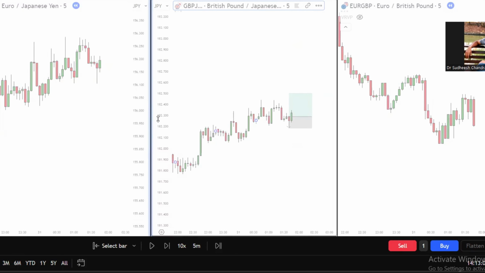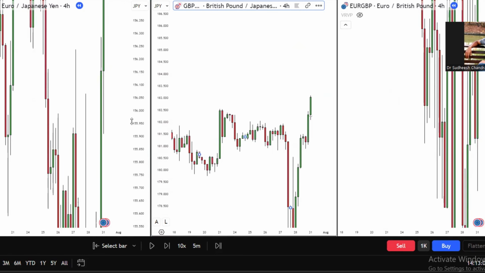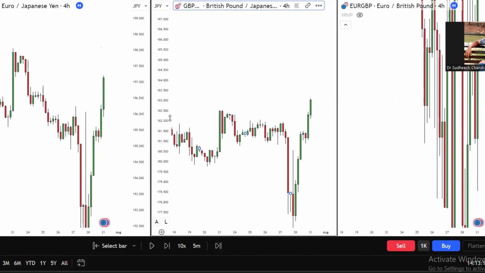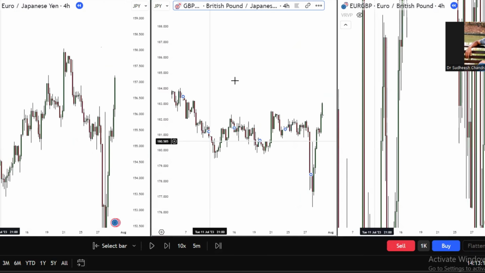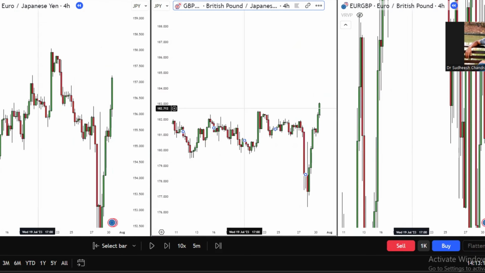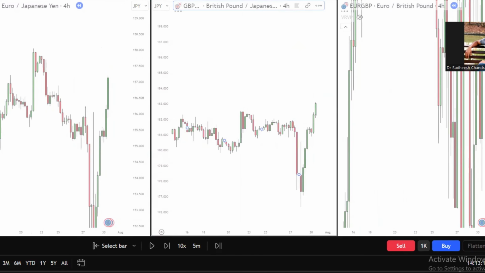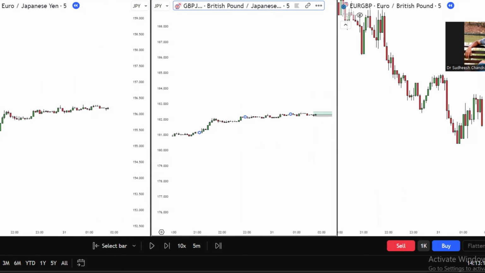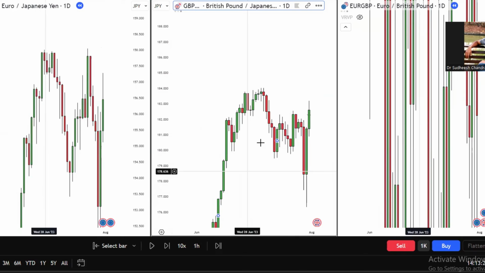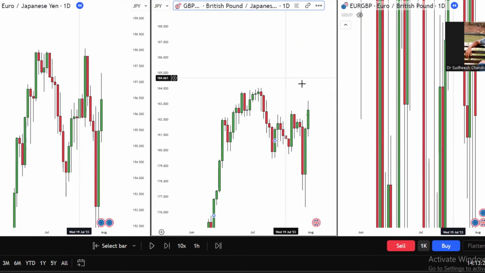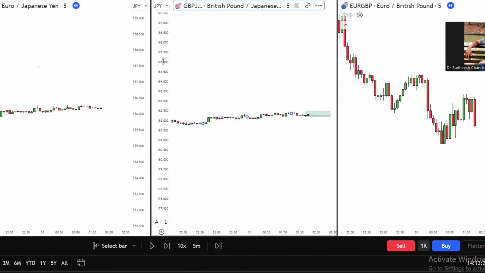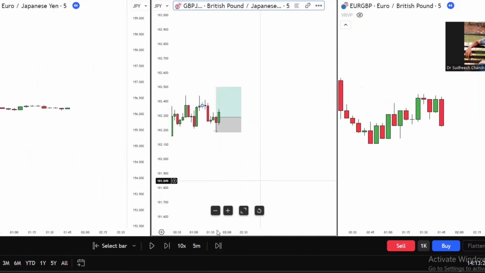Oh, so our target is already being met, right? I don't know if there are more targets. Okay, there are more targets, right? So we can still trade this. Let me go to the daily time frame and look at what is happening. I still expect price to move up small. So let's see if we are going to get 2 hour or there are still more targets that price can go for.